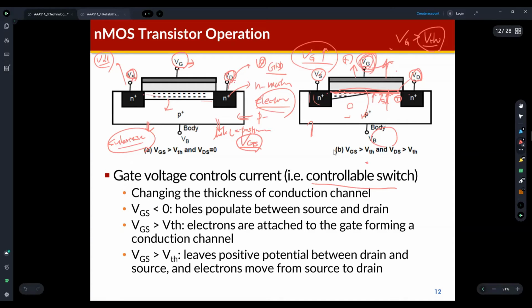So under the condition that VG is higher than the threshold voltage, and VS is higher than VD, the drain voltage, the electric charge can pass through from source to drain.